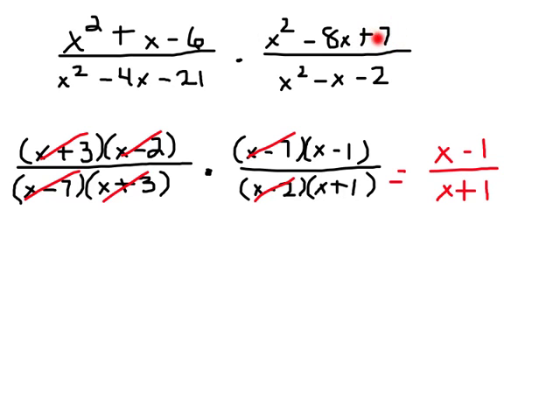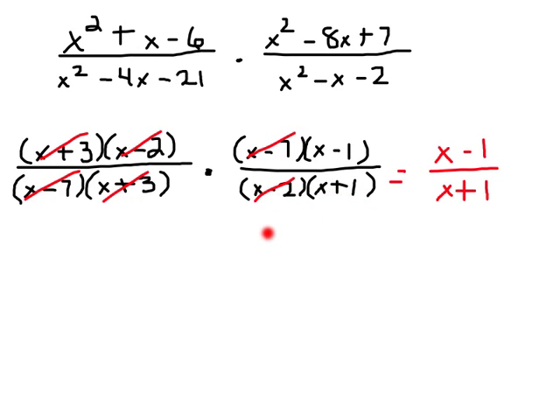But this is positive, and this is negative. So both of these need to be negative numbers to add to a negative 8. So x minus 7, x minus 1. And then down here, the factors of 2 are 1 and 2. We need to end up with a negative 1, so the 2 needs to be negative and the 1 needs to be positive.